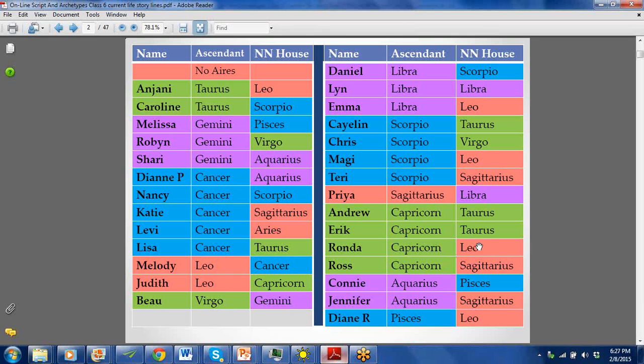I had her old chart, so I was just double checking, and I forgot my screen was seen. Oh, right. So she was noticing that we had the wrong thing there. Yes, we had an old chart for her. She's Leo rising with the Capricorn job, so we'll just add her in when we get to that part.